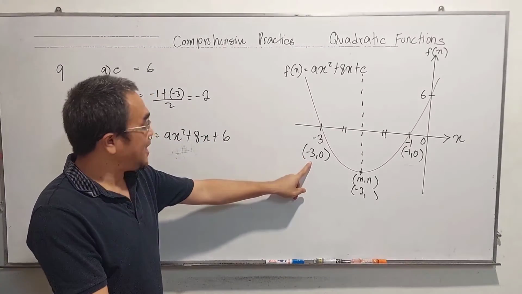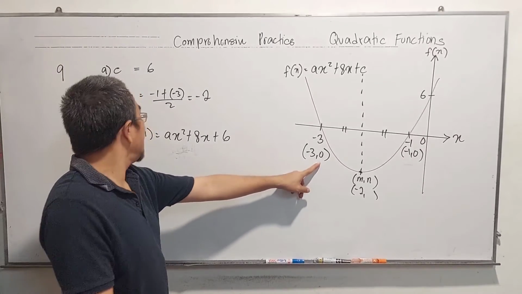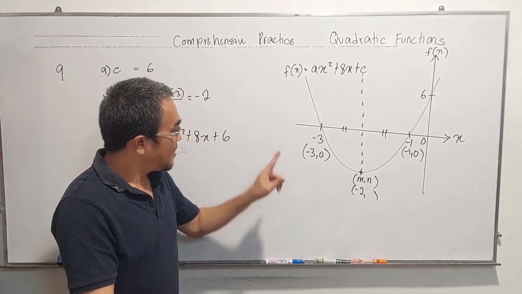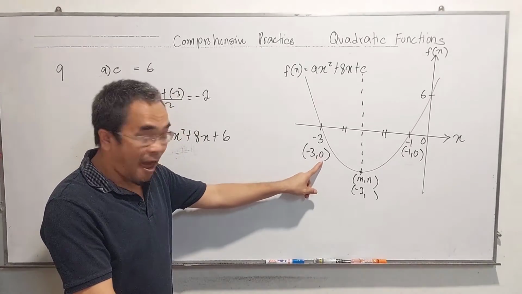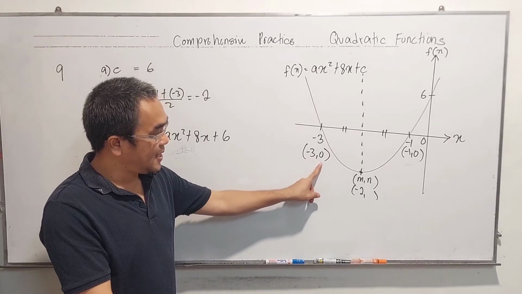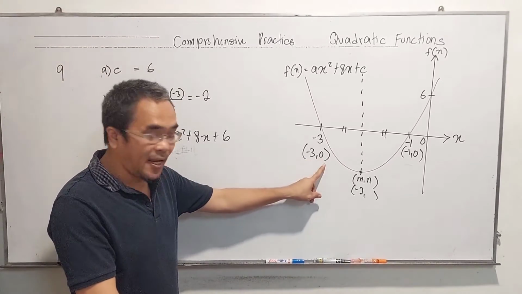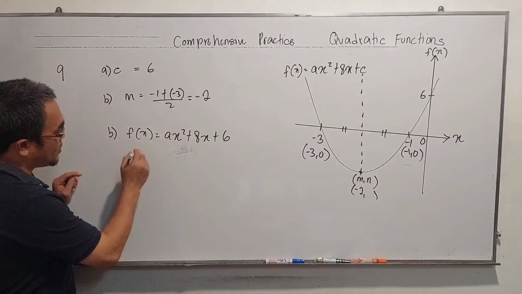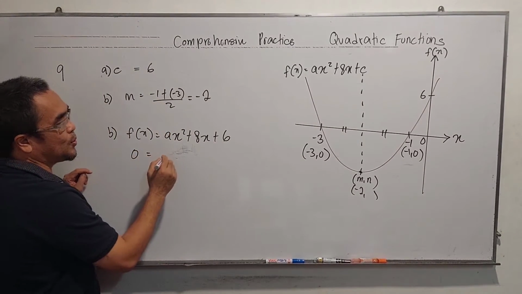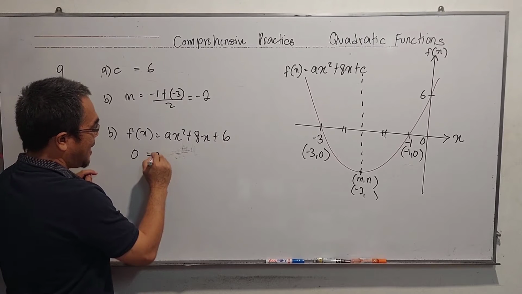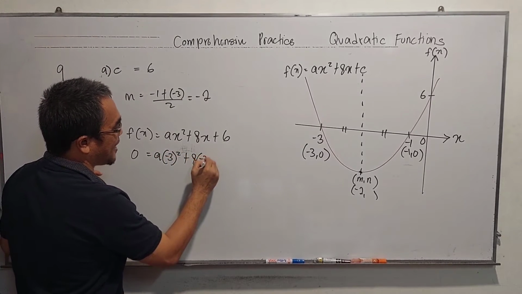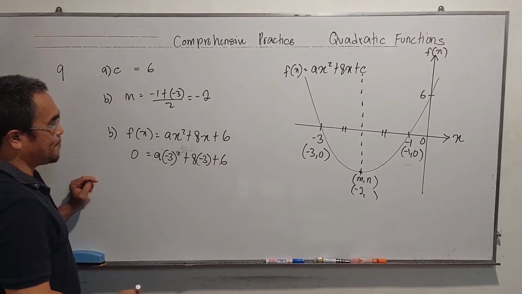So -3 is x, and f(x) is 0. X is -3, and f(x) is just like y. X and f(x), or x and y. Let's say I pick this coordinate. 0 equals a times -3 squared plus 8 times -3 plus 6.